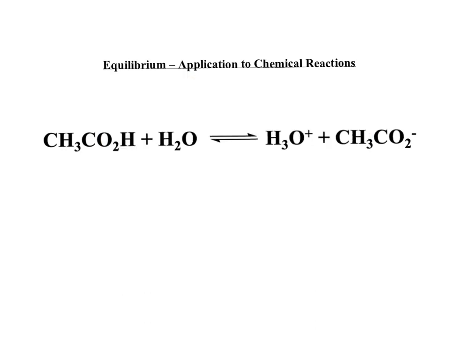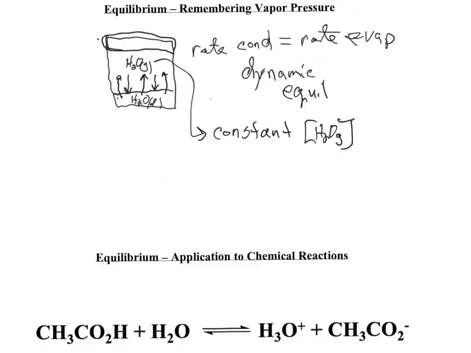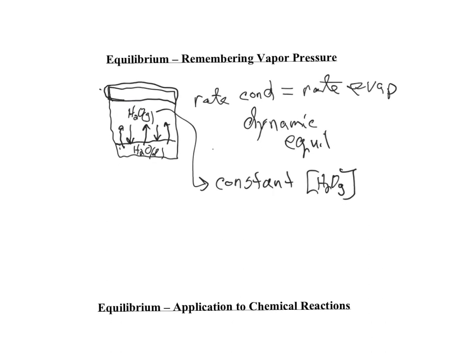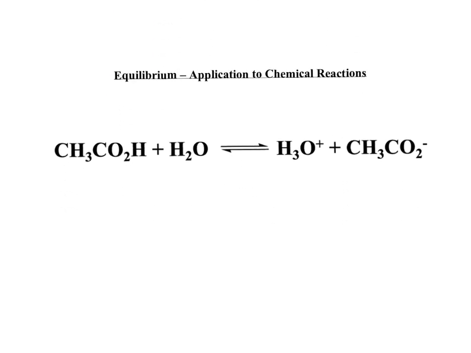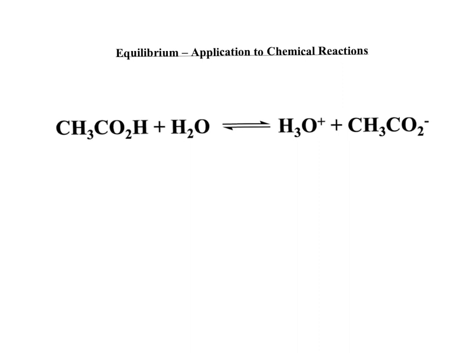Okay, now as I was saying before I got interrupted by my puppy, we will continue on. Looking at what I just showed you, the rate of condensation is equal to the rate of evaporation when dynamic equilibrium is formed with vapor pressure. We can apply that same principle to a chemical reaction.